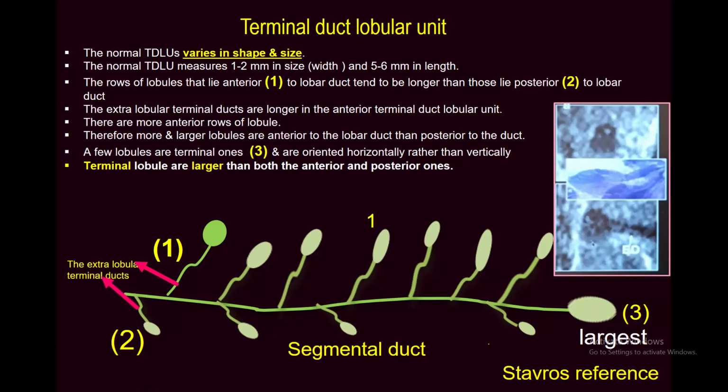So if you look here, more numerous anteriorly, the extralobular terminal duct is longer anteriorly, while posteriorly the extralobular terminal duct is a little bit shorter, and the lobules are a little bit smaller.